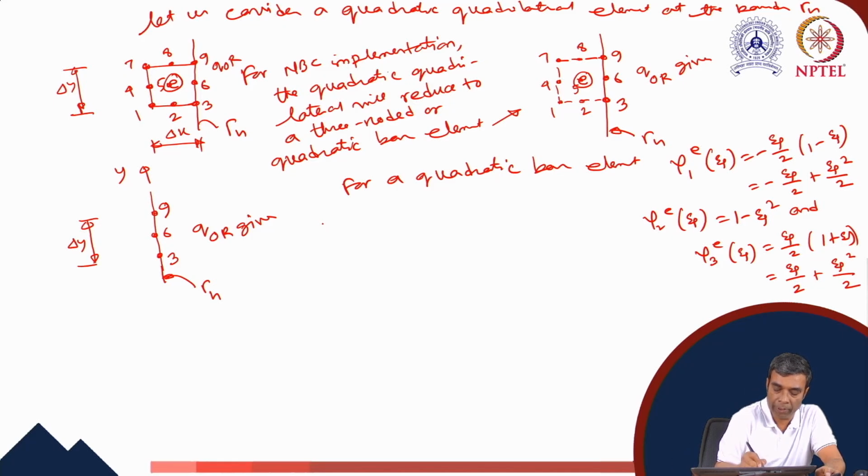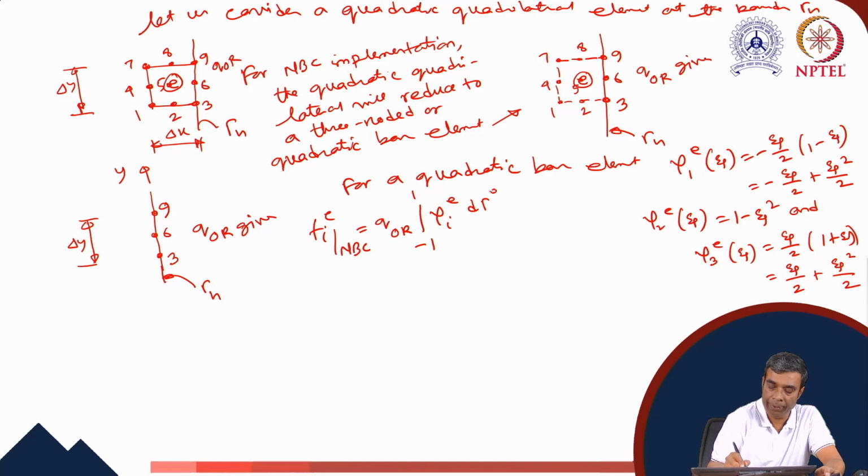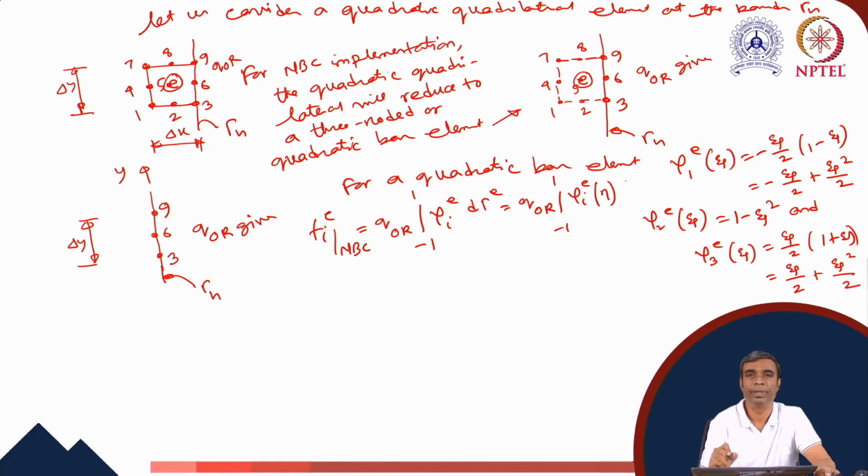Now we know that F_i^E NBC equals Q0R integration minus 1 to 1 psi_i^E d gamma E, equals Q0R integration minus 1 to 1 psi_i^E of eta d gamma E. d gamma E is dy, this is determinant of the Jacobian matrix into d eta.